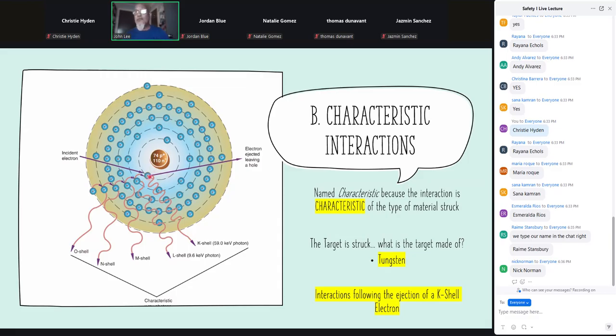Now, the characteristic X-ray is produced once one of these outer shell electrons falls down to fill the hole, because ultimately the atom wants to be at a normal energy state and have all the proper electrons commensurate with the number of protons in its nucleus. So outer shell electrons will drop down into higher binding energy shells. Okay. Now, it's those X-rays that are emitted when an electron drops that we refer to as characteristic X-rays.